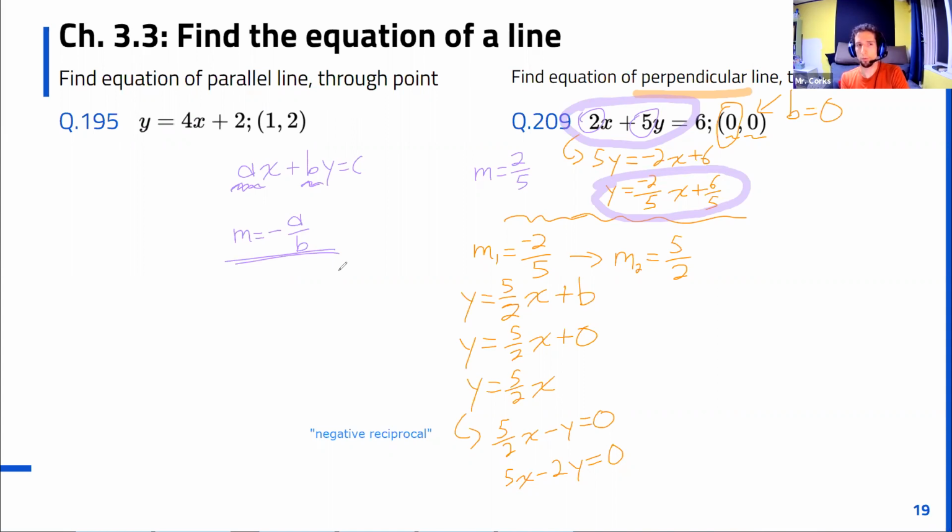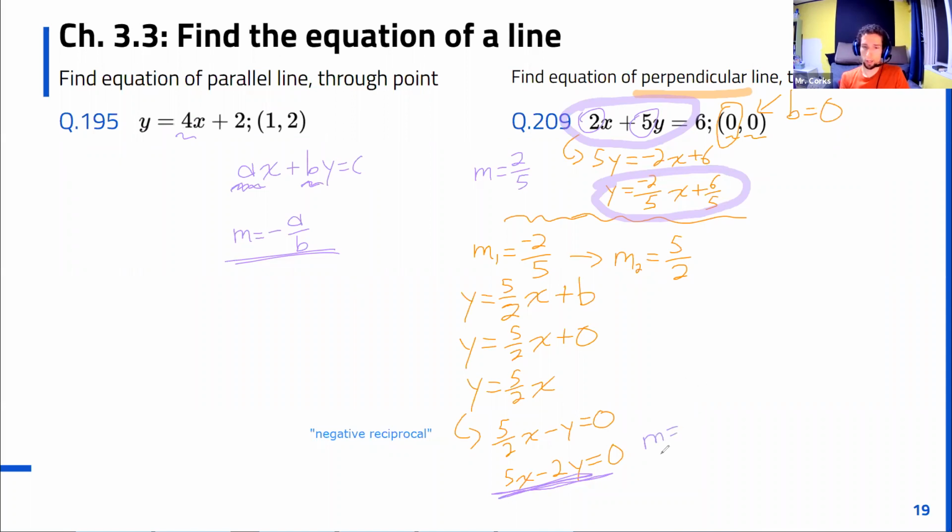In slope-intercept form, the slope's just given. It's m, it's right there. But if we have standard form, then we can very quickly look and see what the slope will be. So if we look at this other one here, what's the slope?